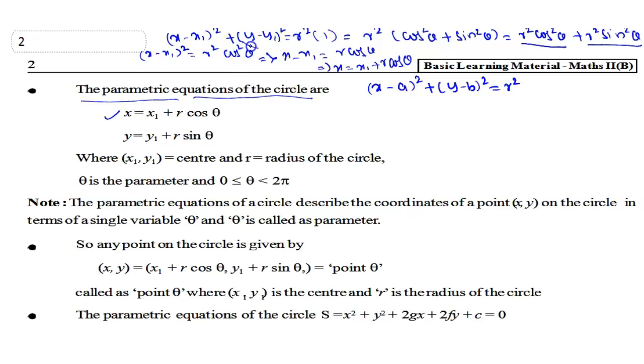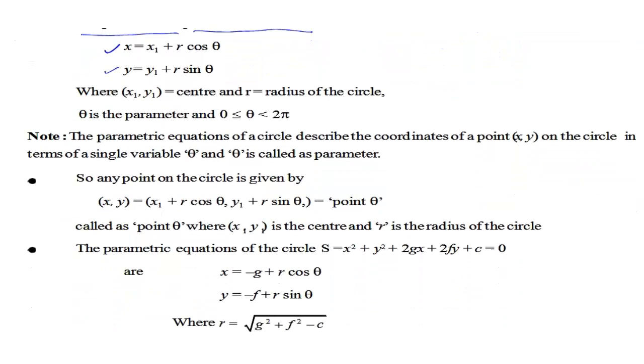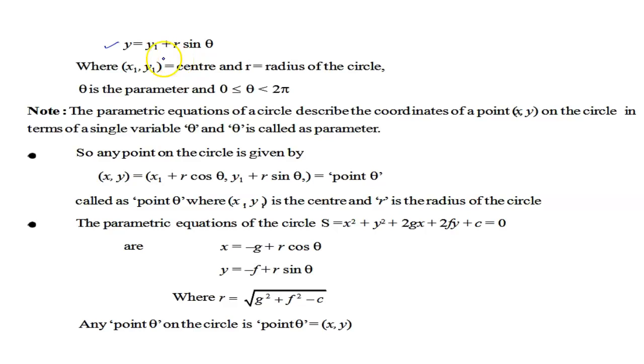Similarly, (y minus y1) whole square is equal to r square sin square theta, so y is equal to y1 plus r sin theta. Right? So those are the parametric values, where (x1, y1) is the center and r is the radius.